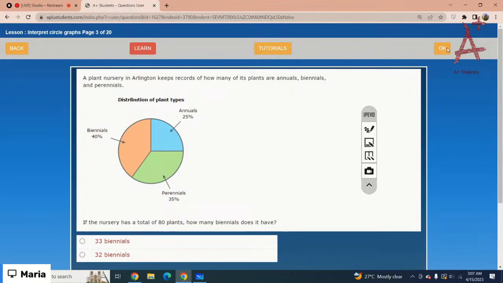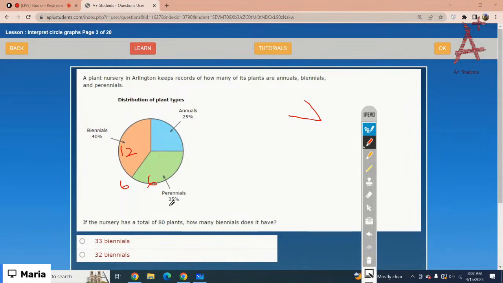For the biennials, it is 40%. You need to calculate 40% of 80, because the total plants are 80.